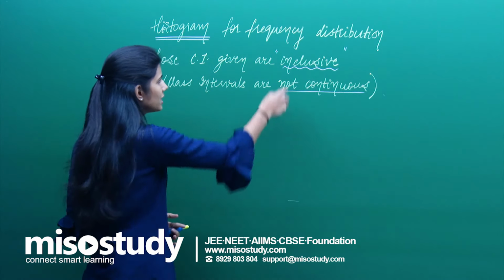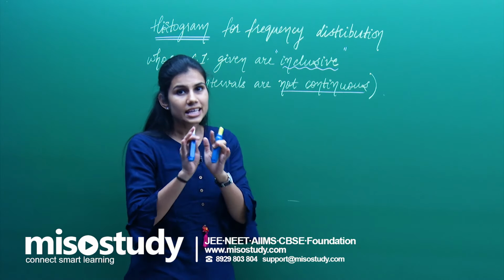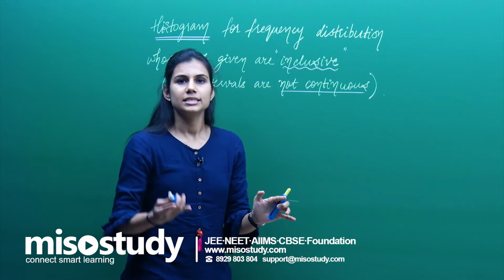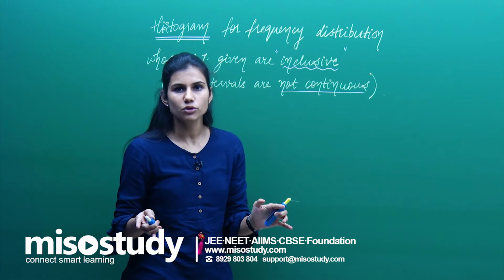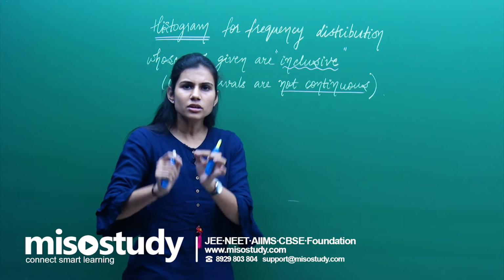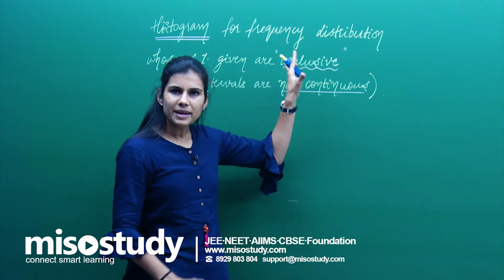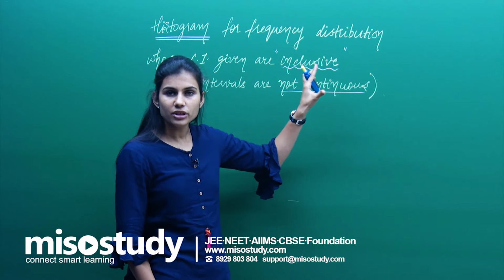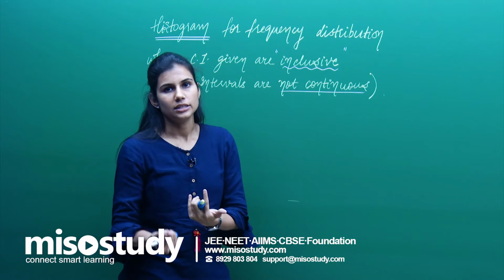Now in the inclusive case, you will be given class intervals of the same size but discontinuous. That means the upper limit of one interval is not equal to the lower of the other. So somehow we are going to modify and adjust some entries in this distribution, especially the class intervals basically, and make the class intervals continuous.